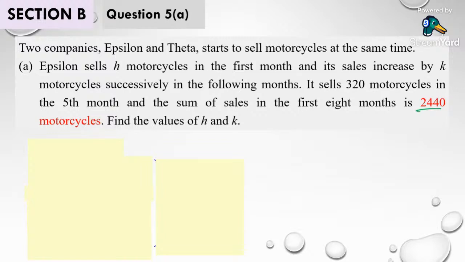If 2440 is RM, then it's not related to the question, because all the while in the question we are discussing how many motorcycles are being sold. We talk nothing about money. Suddenly there is money, but it cannot be related, so there's something wrong here. So by right, this amount refers to how many motorcycles. Please be aware. If you have the question with you now, please kindly do the corrections.